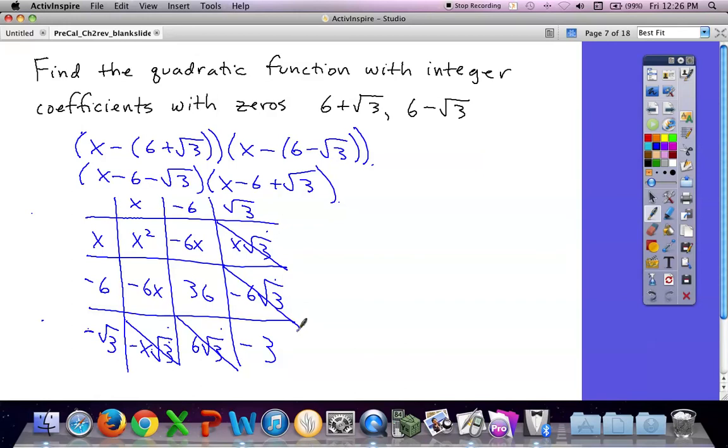So everything that's left does not have a square root in it. Always going to happen when you're dealing with conjugates like that. So this is x squared. Okay, we've got minus 6x, minus 6x, minus 12x. 36 minus 3 is 33.